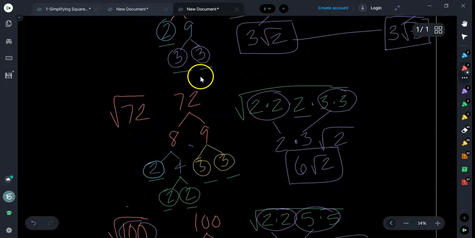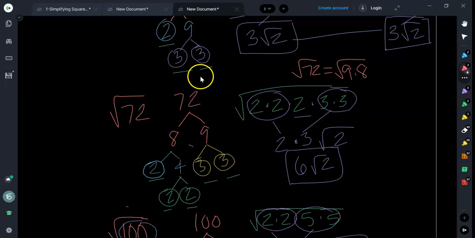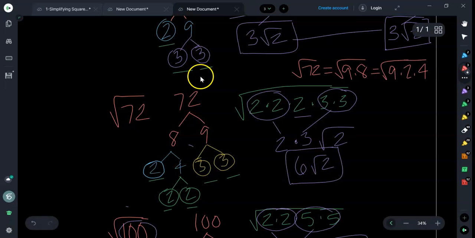If I do the square root of 72, and I'll write it up here because of space, I can make that the square root of 9 times 8. But you know what? I could also make this the square root of 9 times 2 times 4, which is actually the square root of 9 times the square root of 2 times the square root of 4.